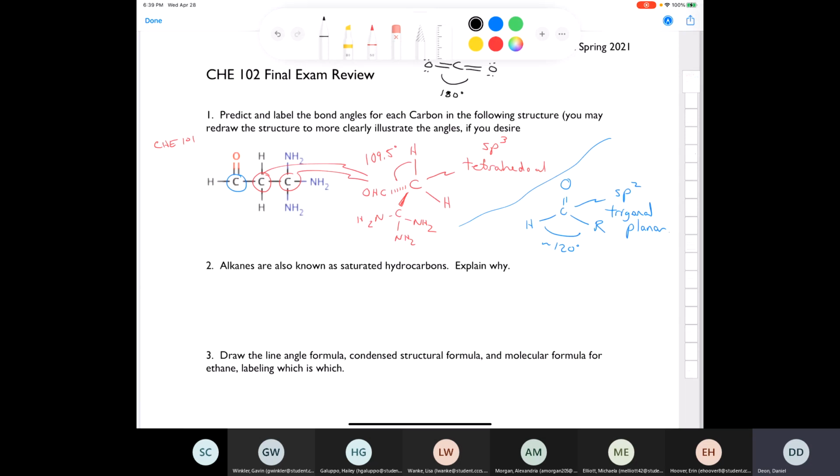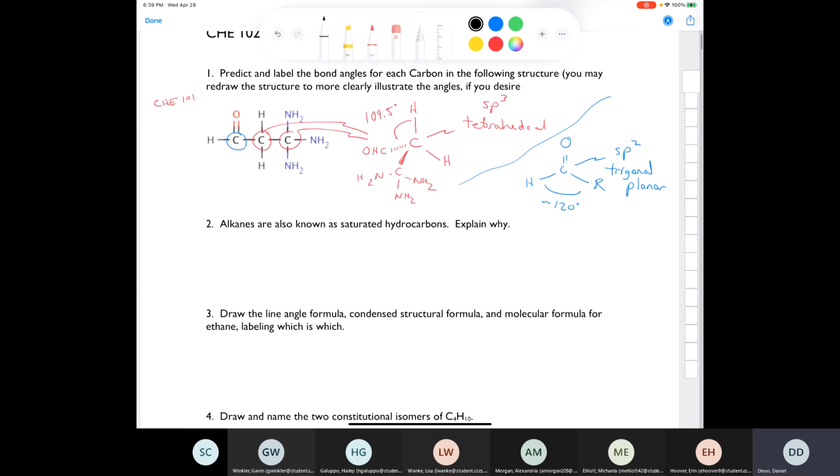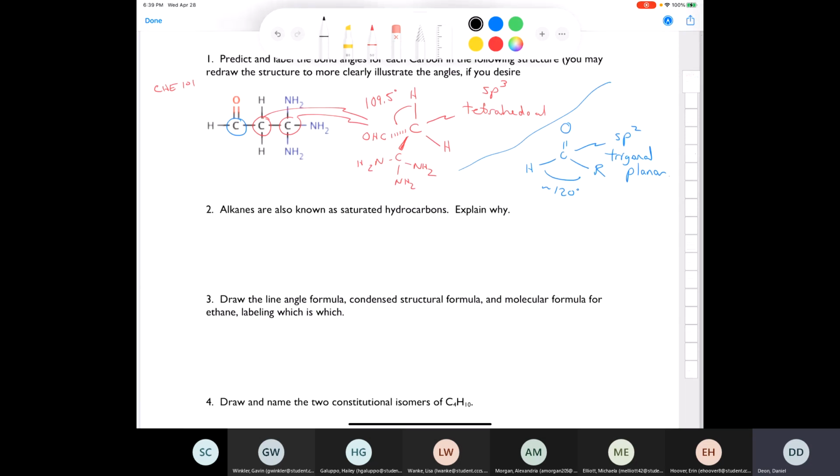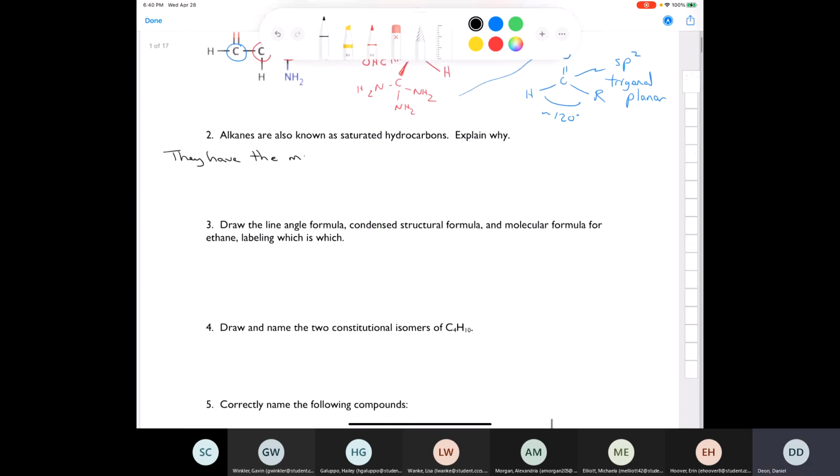Question number 2 says alkanes are also known as saturated hydrocarbons. Why would that be? Put simply, it's because they have the maximum number of hydrogens possible per number of carbons.